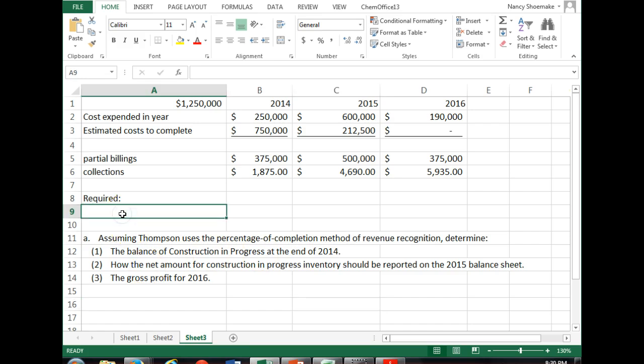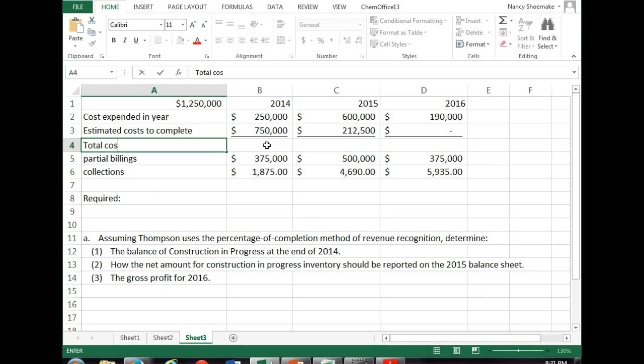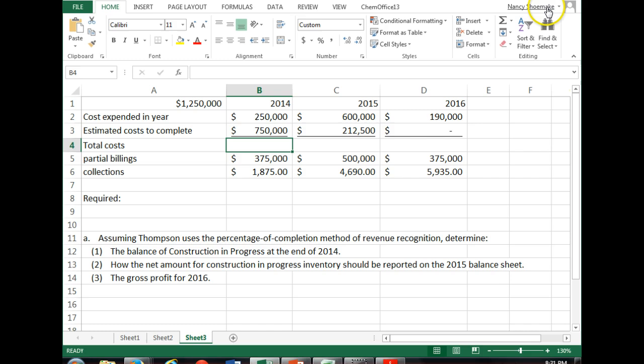So how are we going to go about determining this? How much revenue are we going to show? In 2014, what are our total costs expected to be here? $1 million?